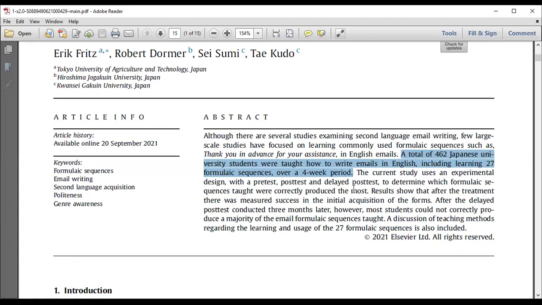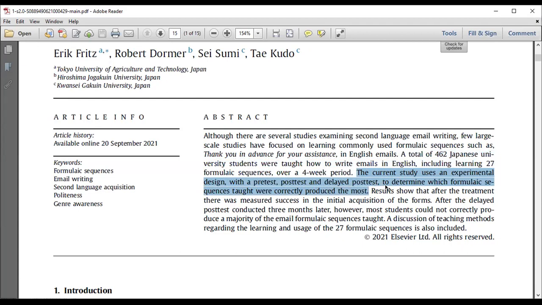It is not mentioned. The next sentence is a purpose, sir. Where is the purpose? The current study uses an experimental design. This is still method. You see the words experimental design, pre-test, post-test, delayed post-test.